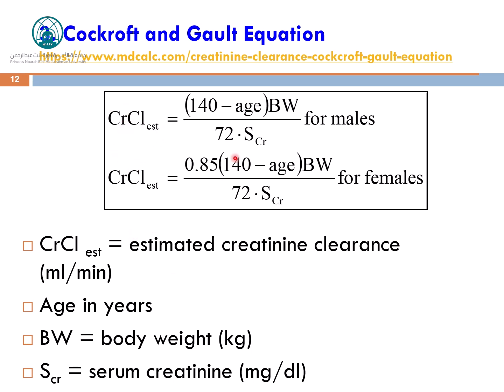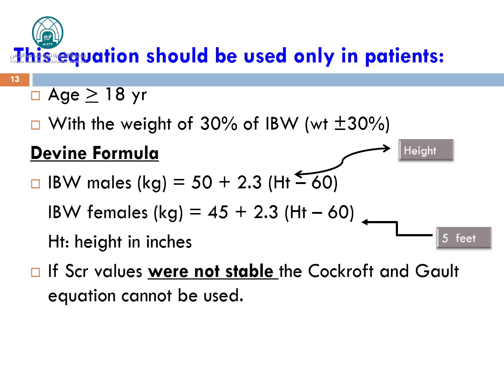It will be in the unit of milliliters per minute. The age will be in years, the body weight will be in kilograms, and the serum creatinine will be determined as milligram percent. Now this equation, the Cockcroft and Gault equation, should be used only in patients meeting certain conditions, as I have told you previously that each approach has its own conditions and circumstances.